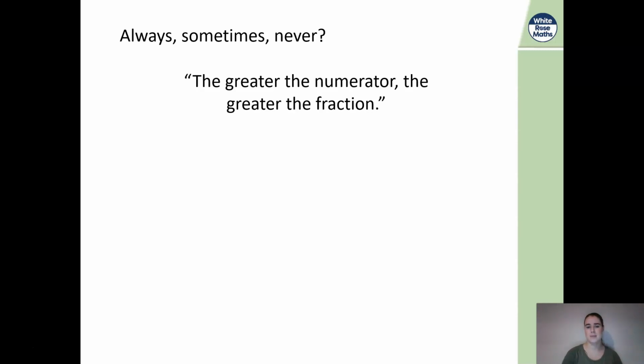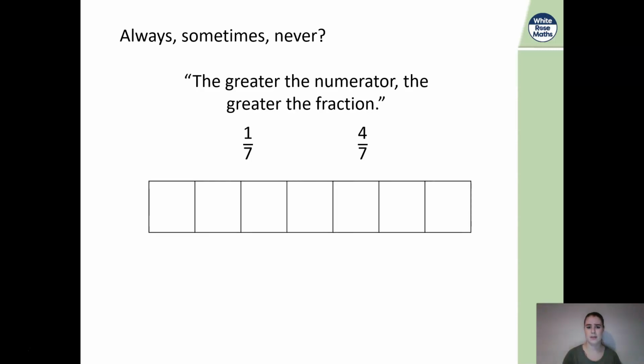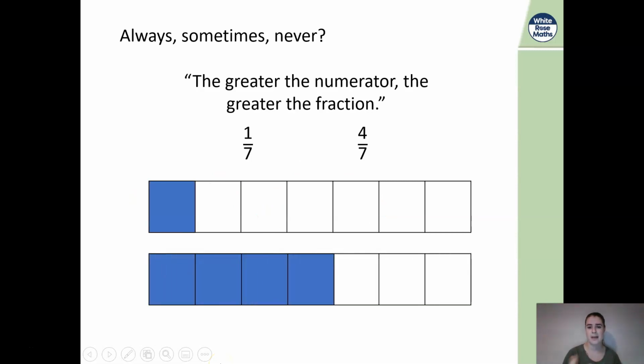So always, sometimes, never. The greater the numerator, so the number on top, the greater the fraction. Well, let's explore that. 1/7 and 4/7. Let's split this into our grid. We've got the same denominator, so we've got 7 equal parts. Here's one part that's shaded. Here's the same fraction but with 4 parts shaded. What do you notice?